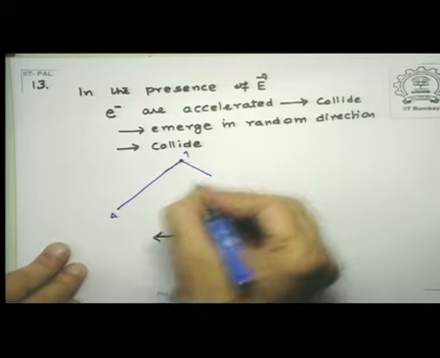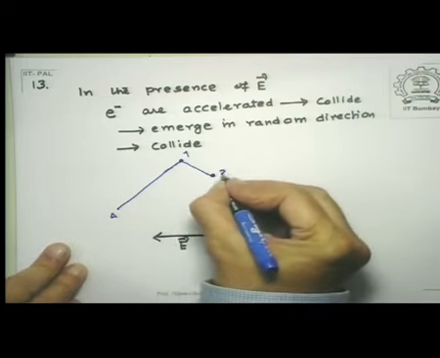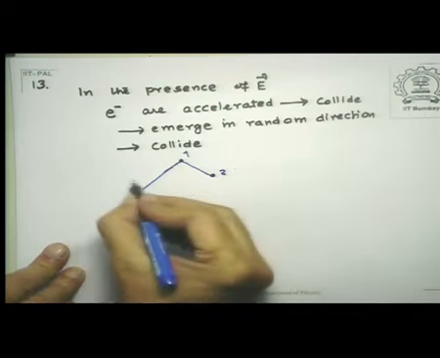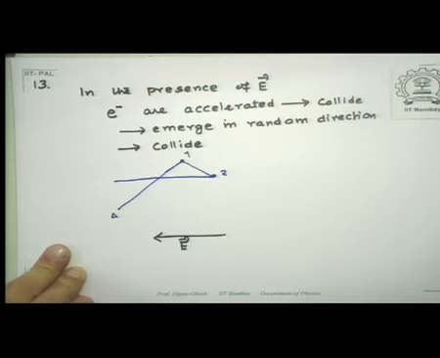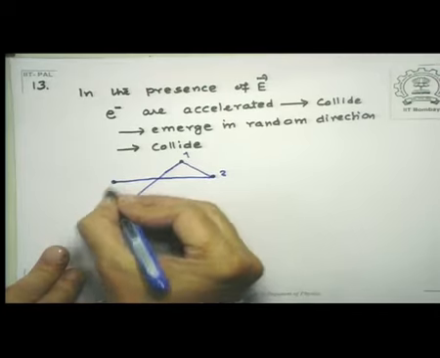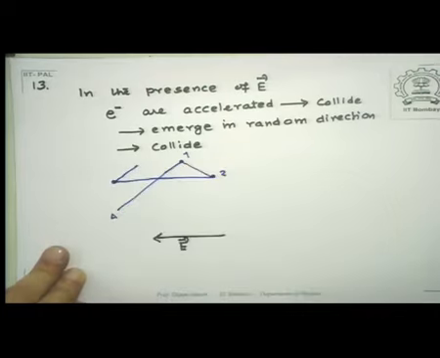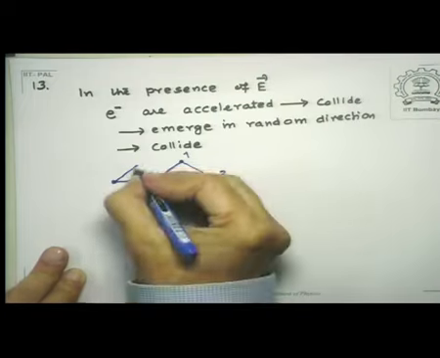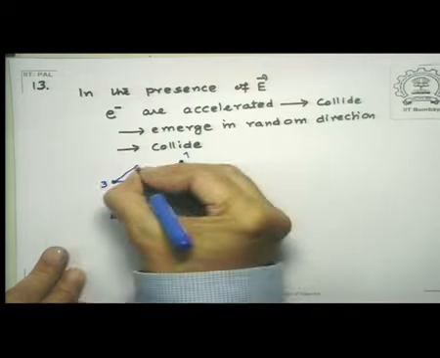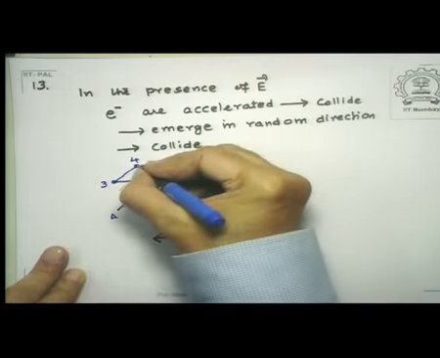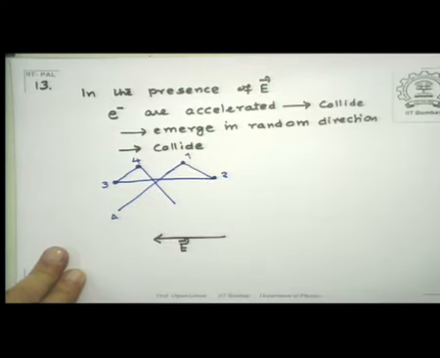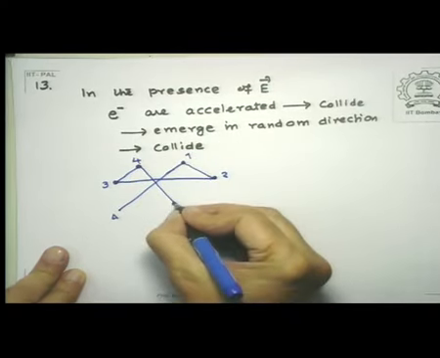And then of course it has a second collision, and let us suppose this time it is directed like this. It undergoes a third collision. Let us suppose this time it is, I am trying to draw essentially a random figure. So this is 3, this is 4. Then it comes like this. This is 5.